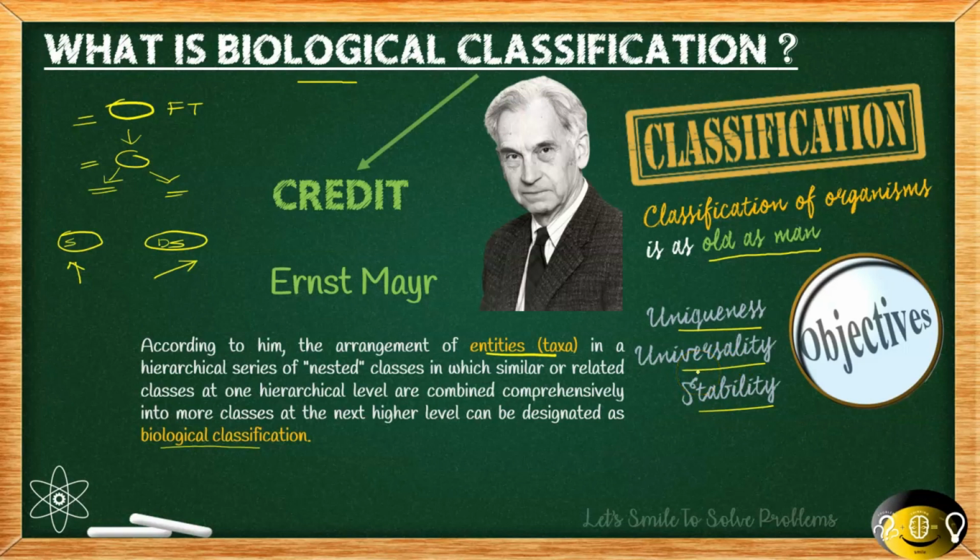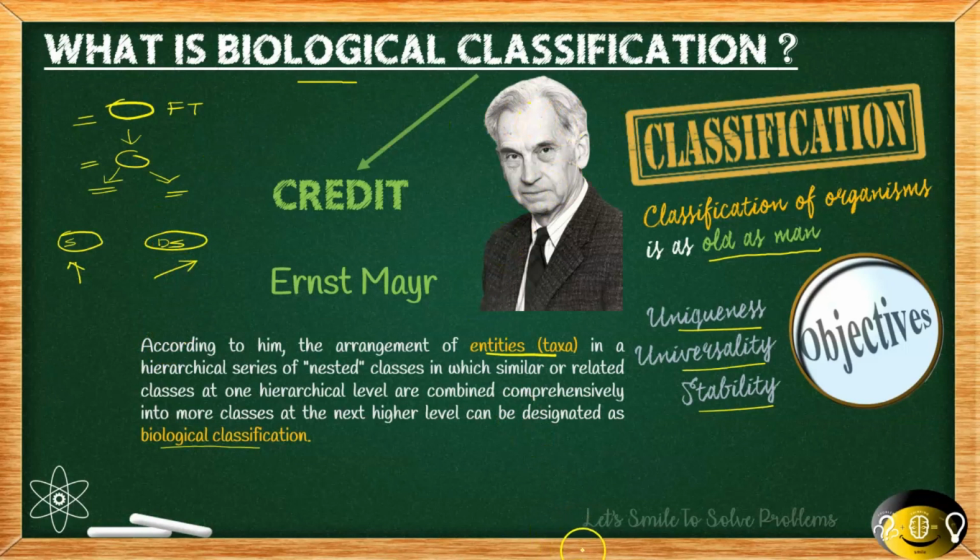Or like our PAN card is unique for everyone. Universality means, basically, our name is in English, but the classification is done in Latin. So a single language, Latin, will be used for naming the species. And stability means that the nomenclature used for naming must not get modified with time, or else we will get confused, right?